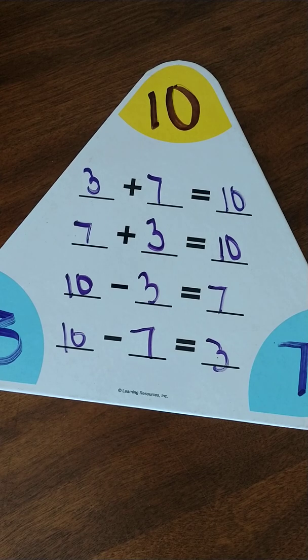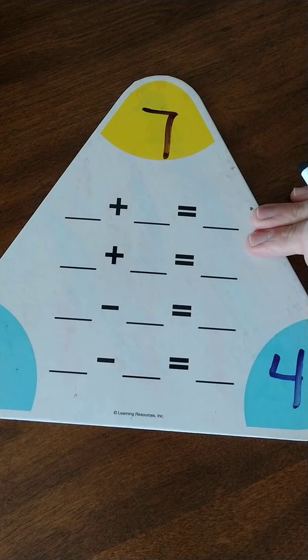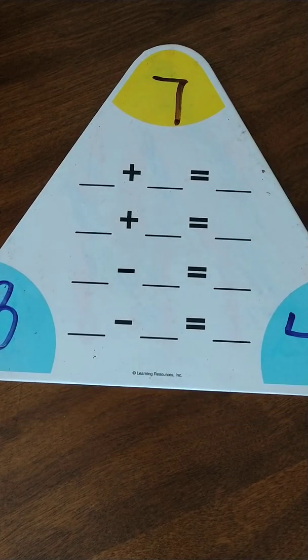Let's see if you could do this one on your own. Here are our numbers, and I wrote them on the triangle. So see if you could do these on your own. We have 3, 4, and 7.